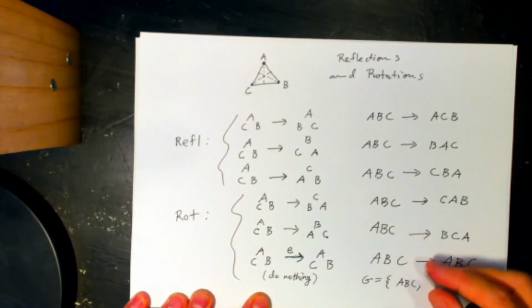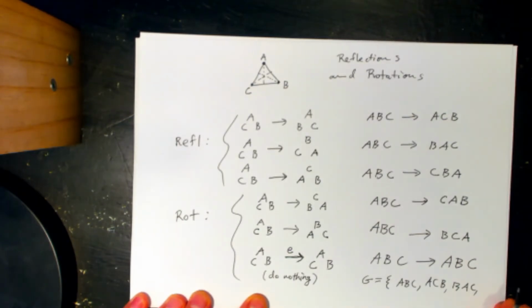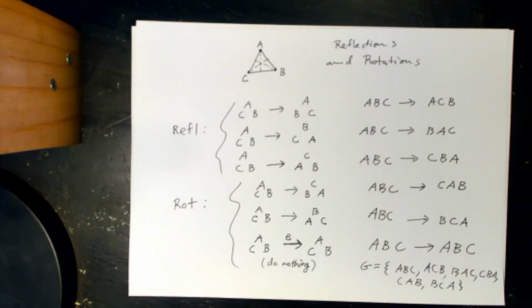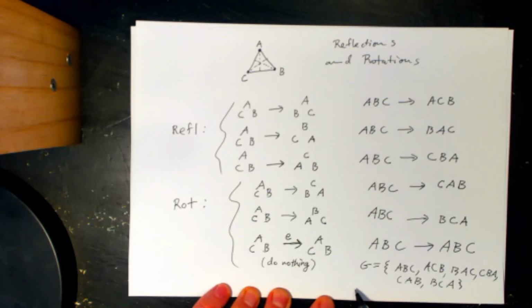And let's just write these in order: A, C, B, B, A, C, C, B, A, C, A, B, and B, C, A. Okay, so this is the group of permutations of the letters A, B, C. And notice here that 3 factorial is 3 times 2 times 1, which is 6, right?